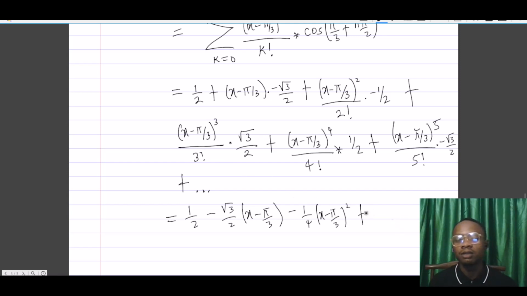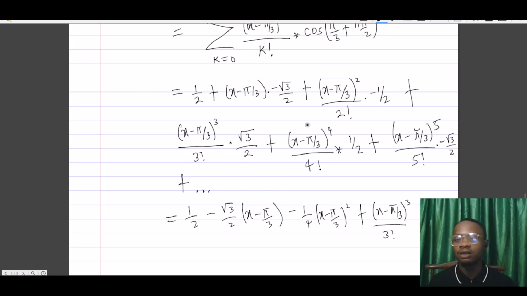Then plus the next one here is going to be x minus pi over 3 to the power of 3, divided by 3 factorial. This is root 3. This is 2 times 6, that is 12.